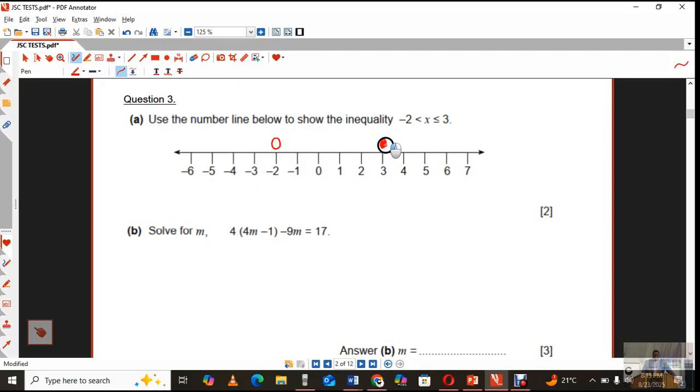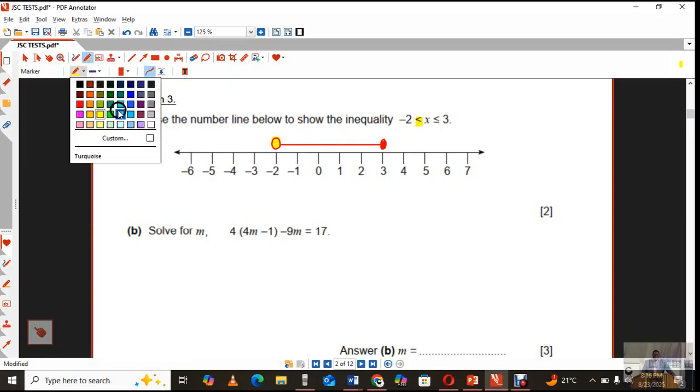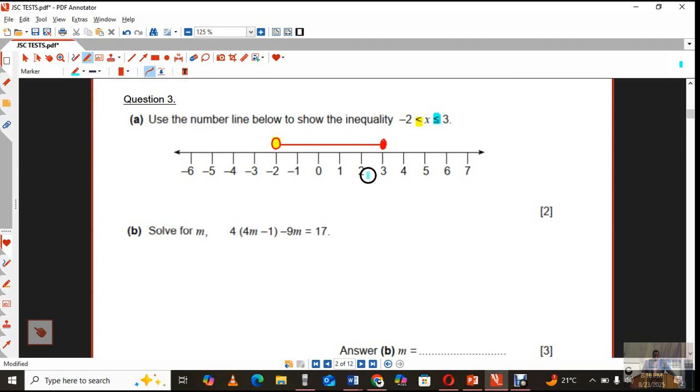So you will be shading this part, and the inequality is that. Because you don't have the 'or equal to' there, this side will be open, and because again you have got 'or equal to' included here, that means that -3 should be included in the solution. So it's just one of those things that you have to be on the lookout for.